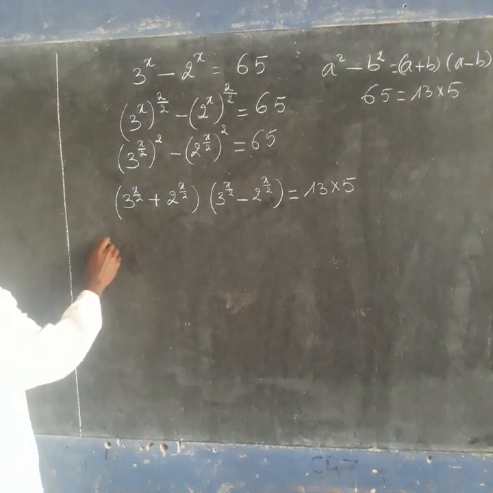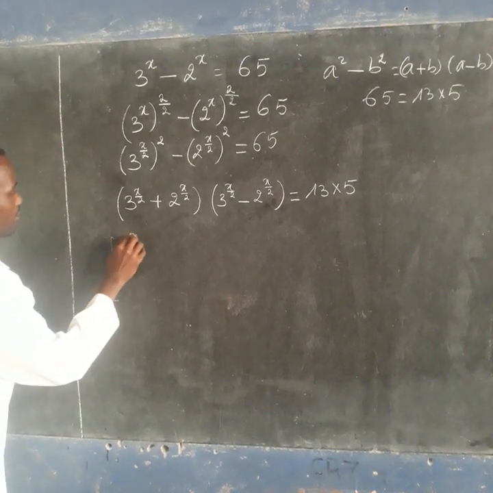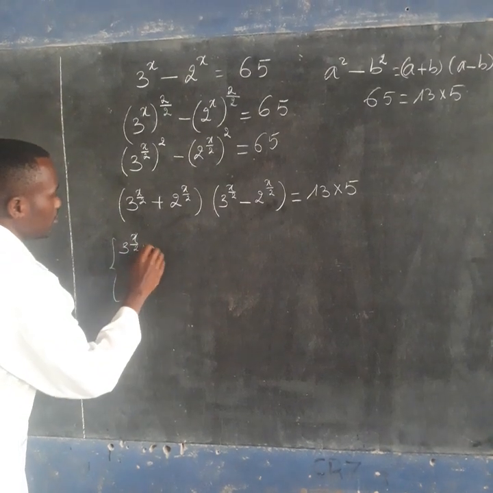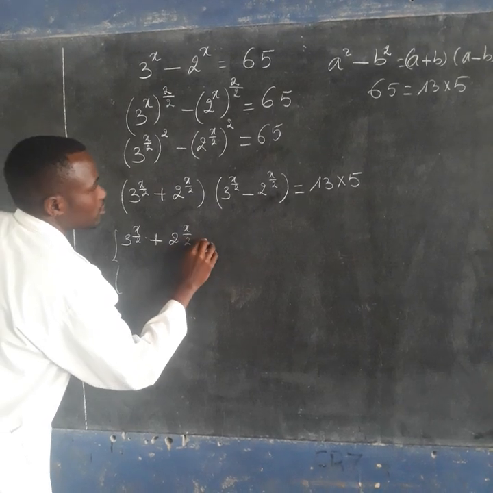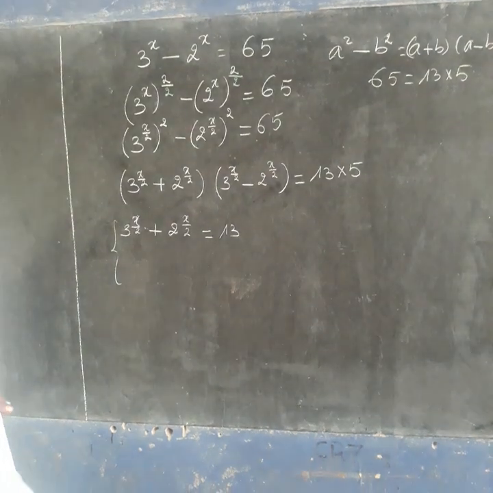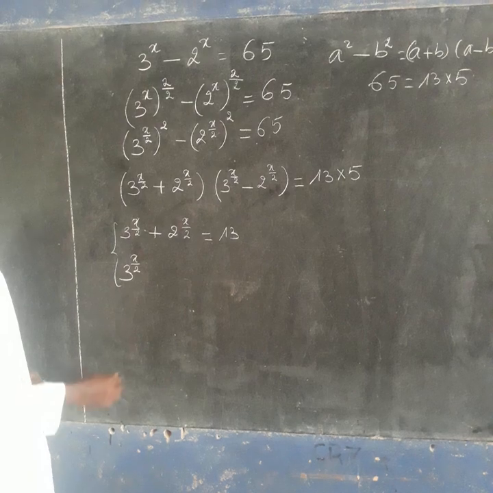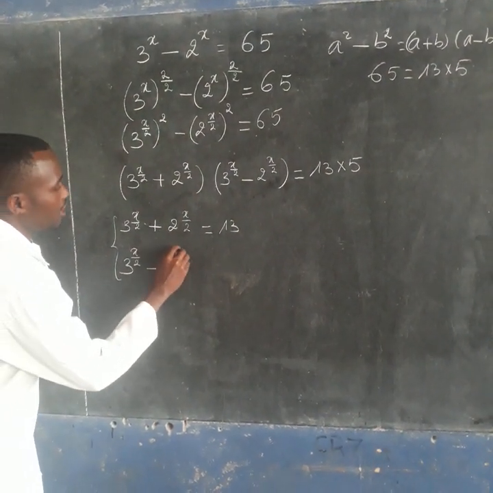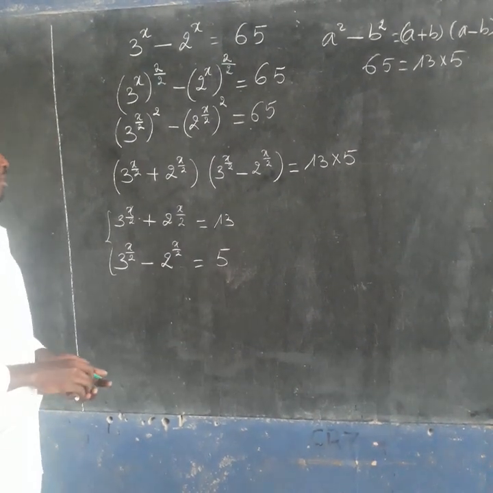In that case, we write 3 power x over 2 plus 2 power x over 2 equal to 13, and 3 power x over 2 minus 2 power x over 2 equal to 5.